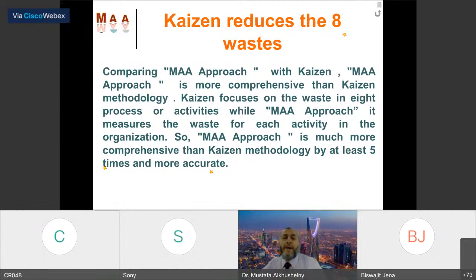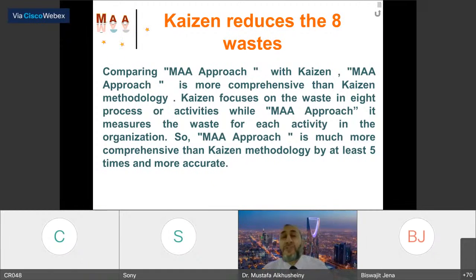Now, comparing my approach with Kaizen, my approach is more comprehensive than the Kaizen methodology. Kaizen focuses on the waste in 8 processes or activities, while my approach measures the waste for each activity in the organization. So my approach is more comprehensive than Kaizen by at least 5 times, and more accurate. Why 5 times?